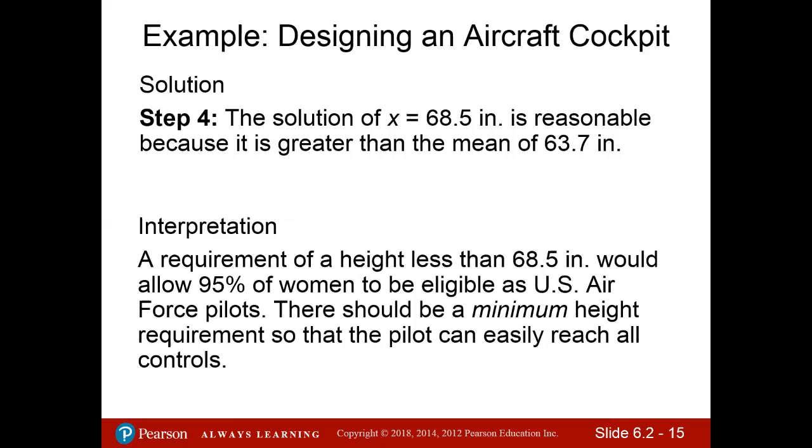There should be a minimum height requirement so that the pilot can easily reach all the controls. Very important. Statistics does a lot of work and helps us make decisions, so that we don't waste or deprive a lot of people of being part of a certain group in our military.